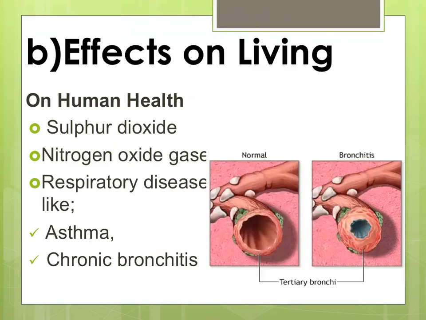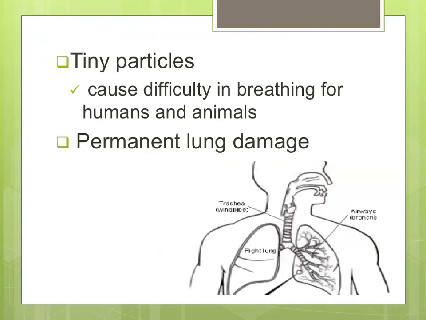For some people, asthma is a minor nuisance. Then they also produce tiny particles that cause difficulty in breathing for humans as well as for animals. That will permanently affect the lungs.